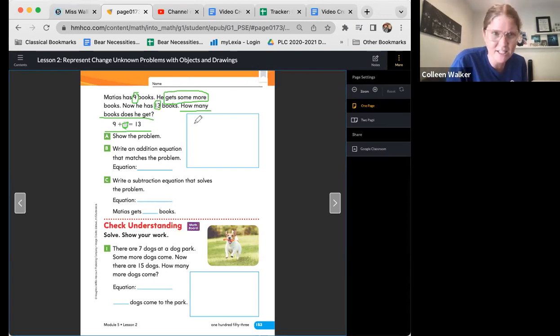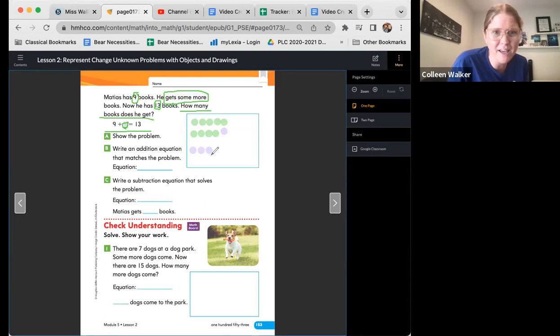Can you count with me to 9? 1, 2, 3, 4, 5, 6, 7, 8, 9. Am I done? No, because remember he had 13 books total. So what comes after 9? 10, 11, 12, 13. Friends, how many extra books did we have to draw? Yes, 4.